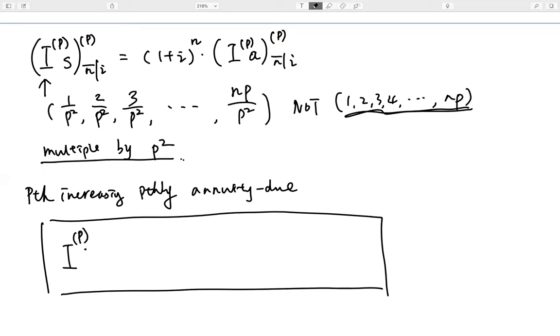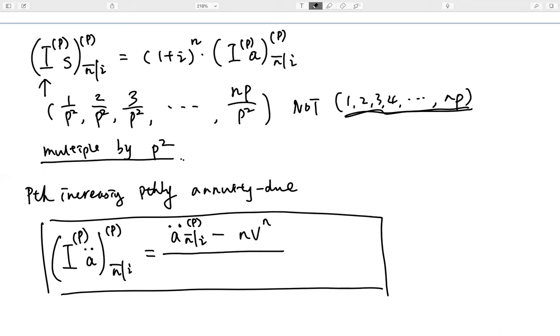So here it will be a double dot, right? A double dot, so double P and I. So this is exactly the same as what we just had for annuity immediate. The numerator is the same. What will change is the denominator, right?